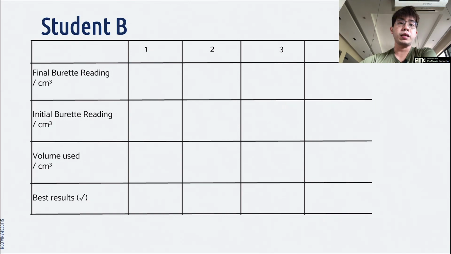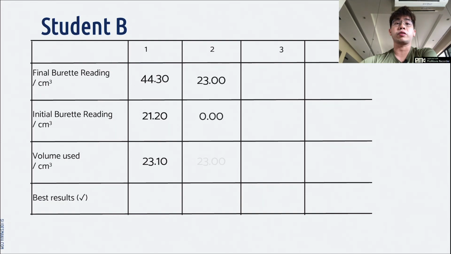Okay, let's look at student B. Student B did the rough titration, and his rough titration value is 23.10. Using his rough value, student B conducted an accurate titration and found that his accurate titration value is 23.00. You can see that the rough titration and the accurate titration are concordant because both readings are within 0.10.